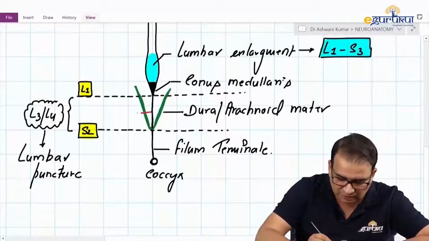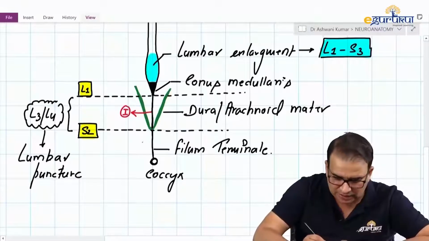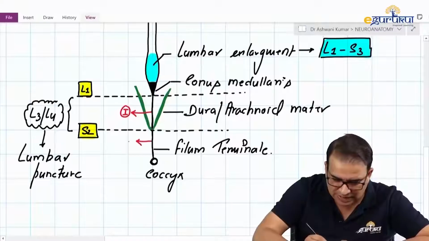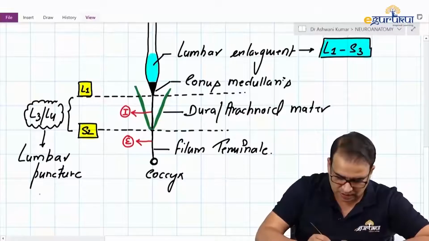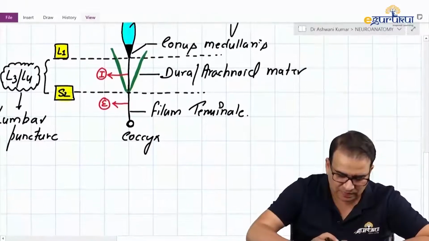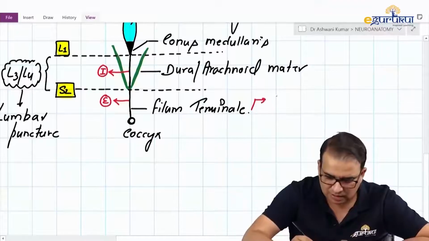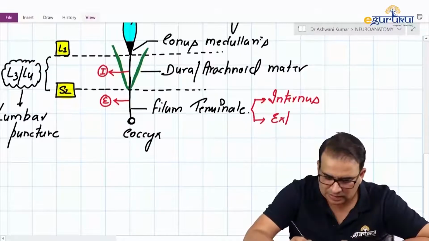If I write this alphabet for it, this is filum terminale internum, I'm writing I for it, and this here is the filum terminale present outside, I'm writing E for it, filum terminale externum. So filum terminale, wherever you've written it, there is an internum part and filum terminale externum.